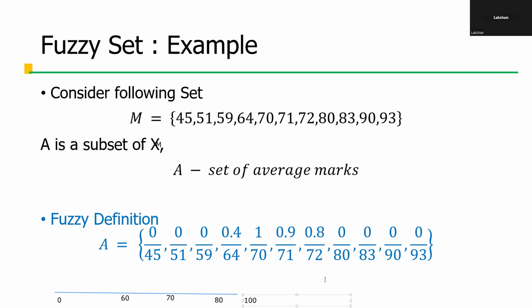Now, we will consider values like this. So 70 is the highest value, and we are giving it a value of 1. Exact value is 1.